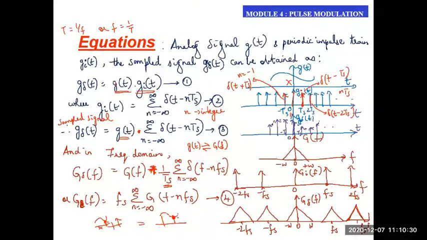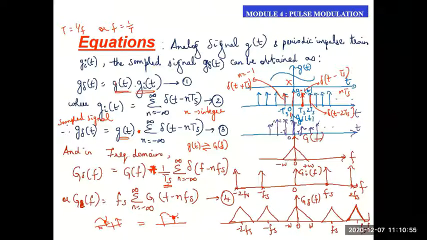And when I told you that, I told you, remember, this is very much useful in sampling. It is also called the sifting or sampling property of the impulse. So the sifting or sampling property tells us that any function multiplied with an impulse results in that function existing where the impulse exists.